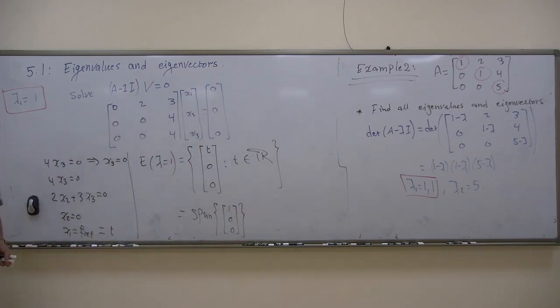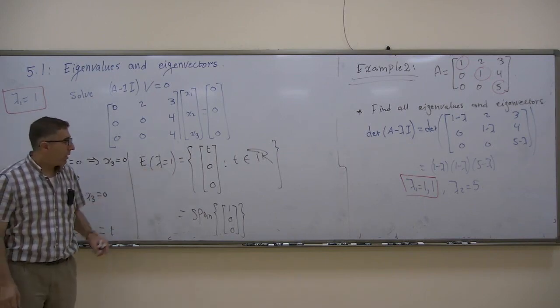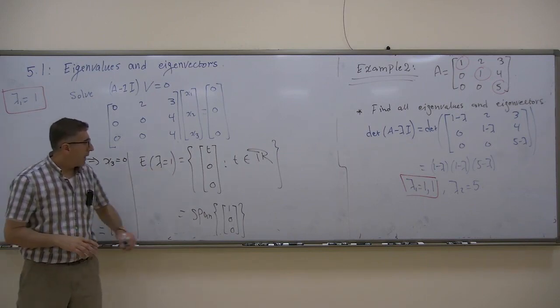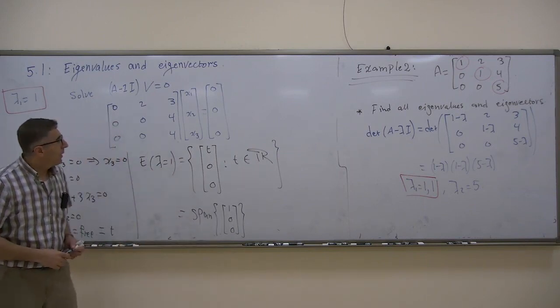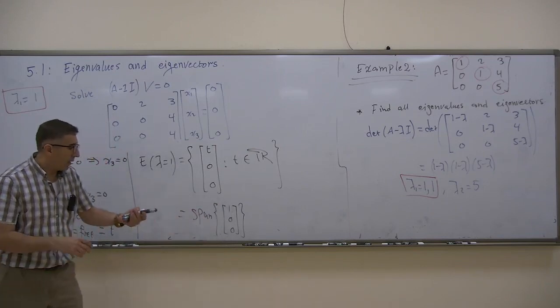So we got here the eigenspace that belongs to this lambda, and it has dimension 1. Okay? Now, you can say this is your eigenvector.